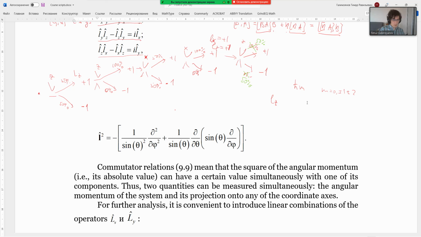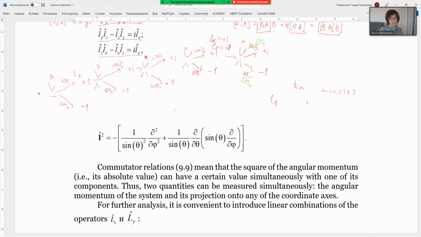The projection of the angular momentum on any axis, x, y, or z, would be an integer.